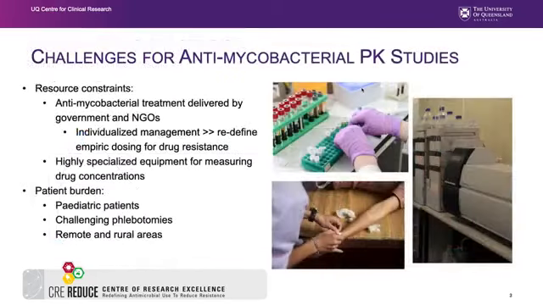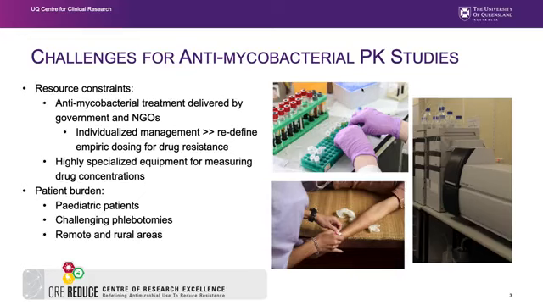So the challenges for anti-mycobacterial PK studies are in part the resource constraints. So anti-mycobacterial treatment is often delivered by government and NGOs. And I think what we're seeing and what we're hearing about today is that we may be moving in a direction where there is going to be a requirement for individualised management, where we might need to redefine empiric dosing for drug resistance.